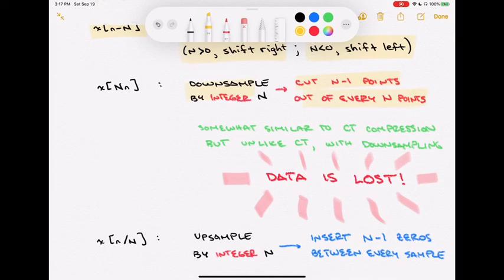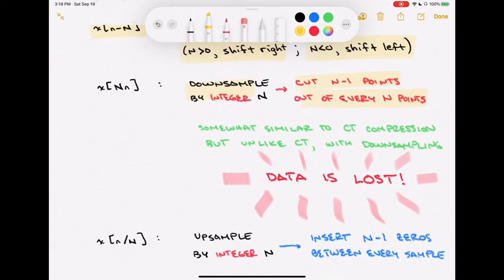So if you had a signal that was 20 points in length, 20 non-zero points, for example, and we downsampled by 2, the result would only be 10 points that were non-zero. We're going to throw half of them away. A downsample by 3, we're going to throw away 2 out of 3 sample points, and so forth. So the larger the N, the more data is lost. And once that data is lost, you can never get it back again.